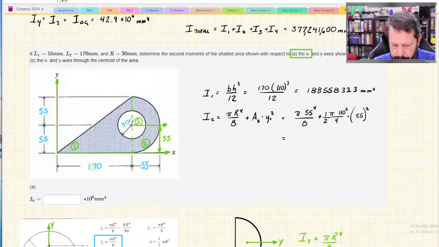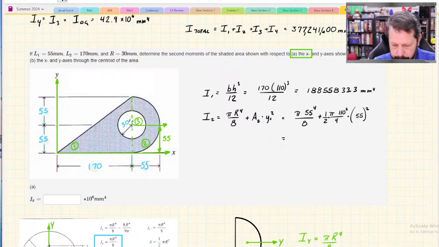Let me try that again. 55 to the 4th times pi, divided by 8.